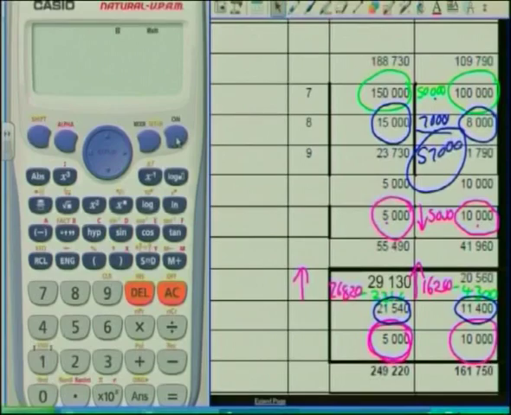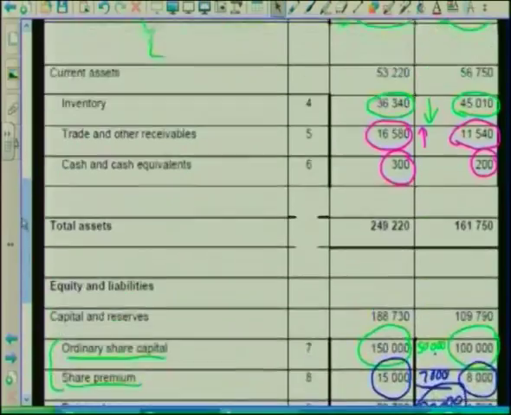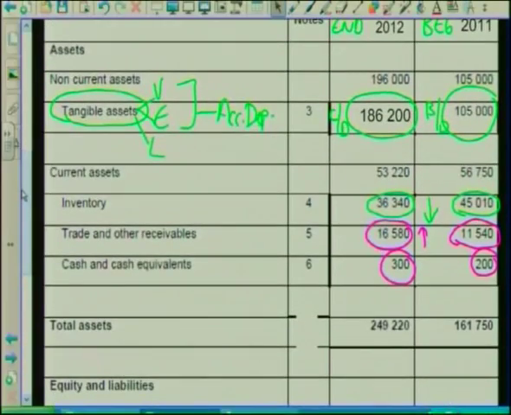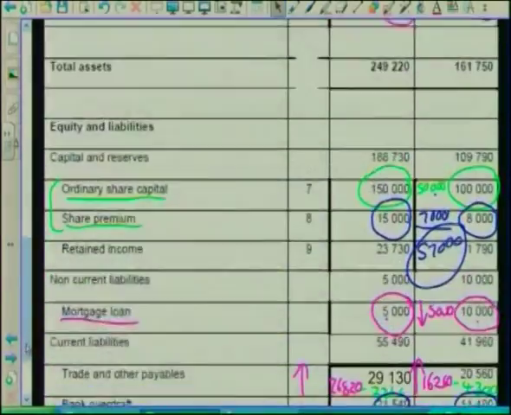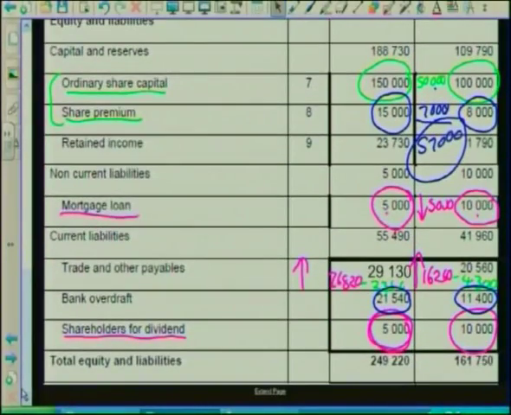So if we look at cash and cash equivalent at the beginning of the year, remember, the beginning of the year was 2011. Let's get those calculators out. So you've got a negative amount of 11,400, and then at the top, if we just scroll up very quickly, we've got a positive amount of 200. So all we're doing, guys, on our calculators, there's my positive 200, and then I am subtracting, because I've got a negative amount at the bottom, 11,400.